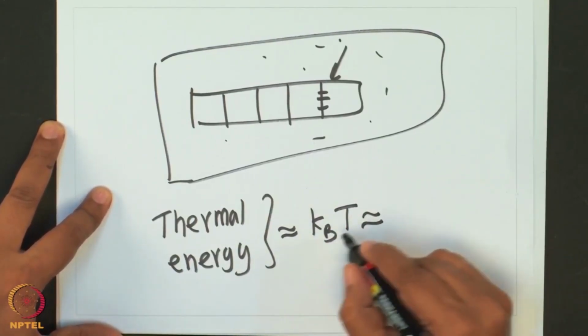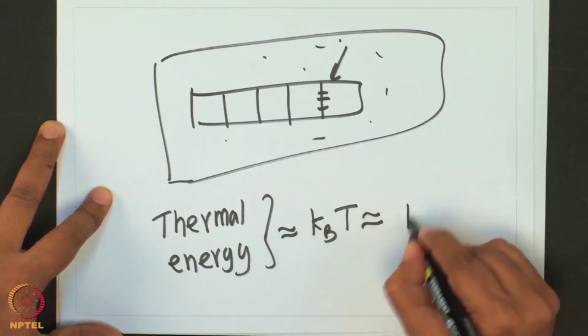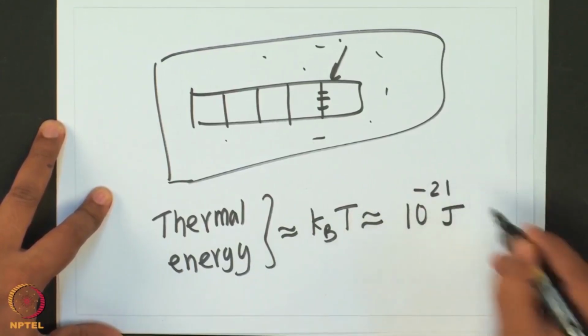If you do the math, at 300 Kelvin, this is approximately 10 power minus 21 joule.